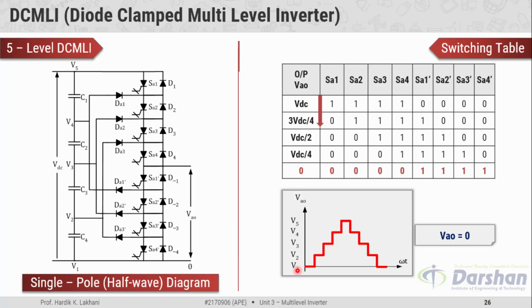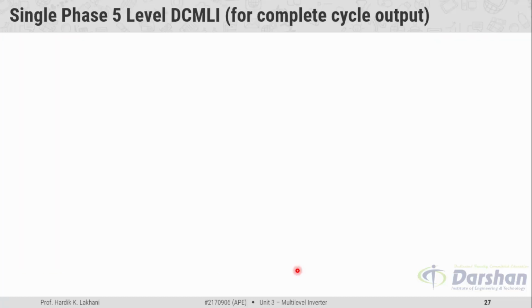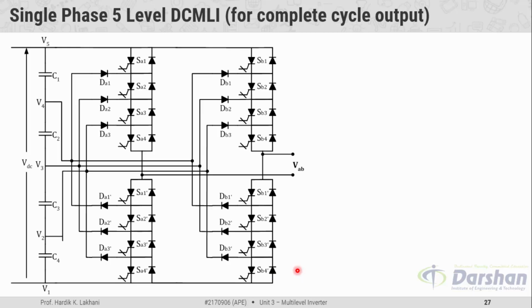To produce the full wave AC signal across the output terminal, we need two poles. So let us see the diagram for single phase 5 level DCMLI. As I said, we need two poles.